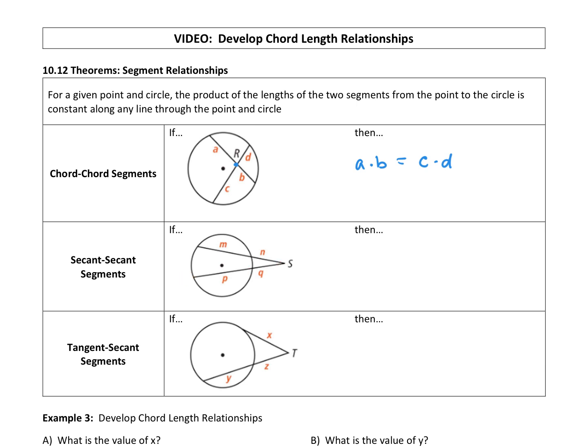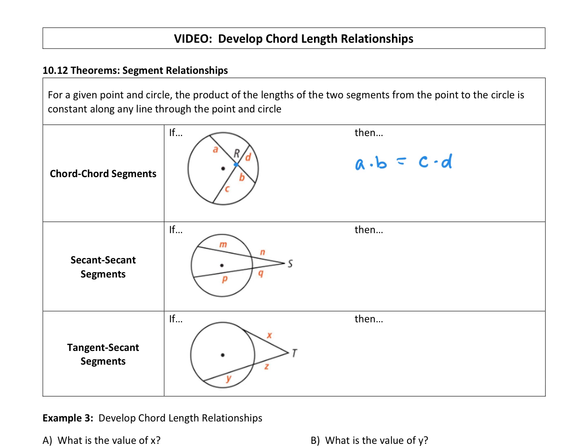Here's our point S. What's going to happen here is the product, here's one segment from S to the circle is N, and then from S to the other side of the circle, that segment, N plus M. So that product, so N times the whole thing, N plus M, is equal to, we're going to look at the other secant, from S to the circle Q, that segment, times the big segment, Q plus P.